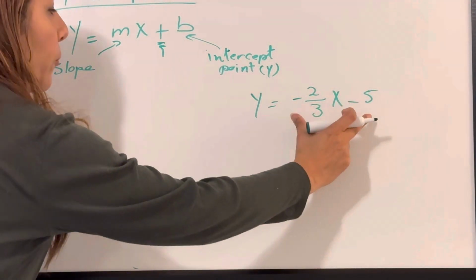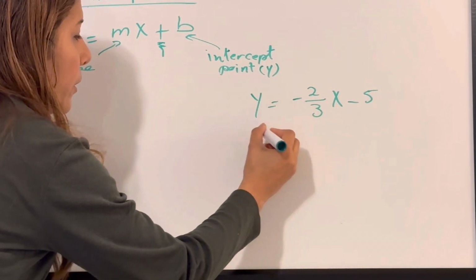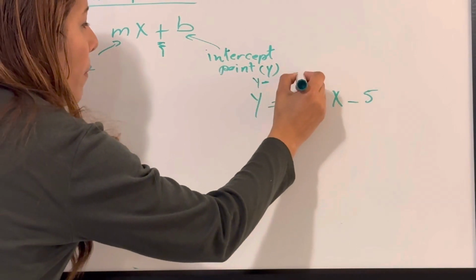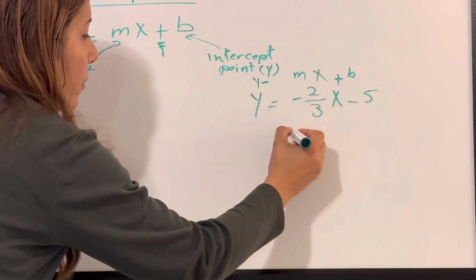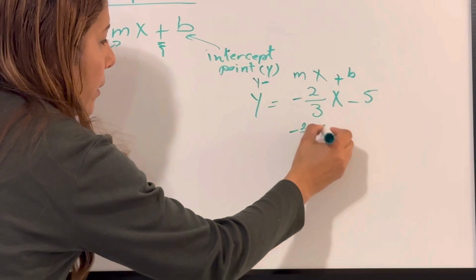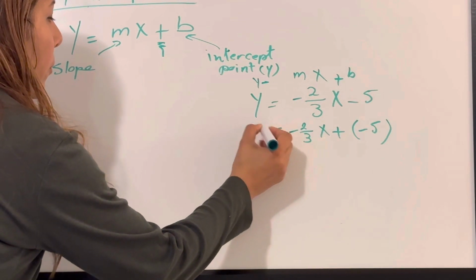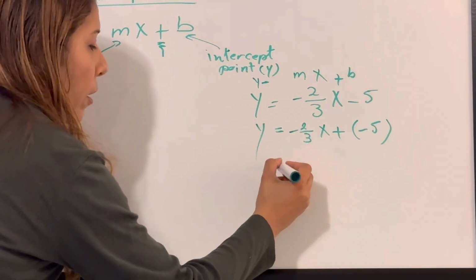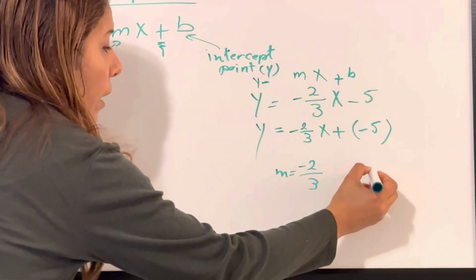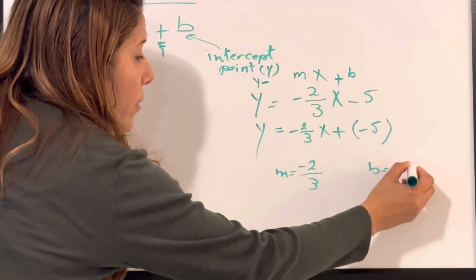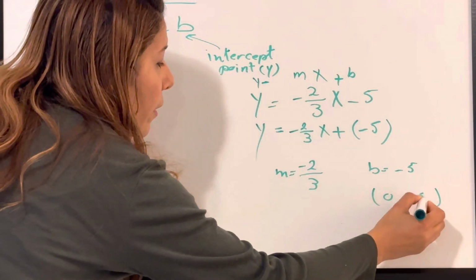Now, as we said, to put this equation similar to this form, which is y equals mx plus b, I have to have this as plus, so it will be -2/3x plus -5. This is equal to y. So here the slope, which is m, equals -2/3, and b is -5. So the coordinate point is 0 and -5.